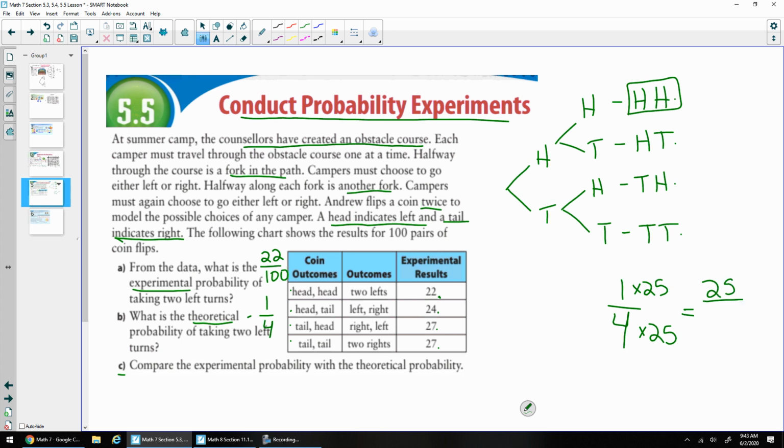Now that they both have a denominator of 100, we can compare them, and we can see the theoretical probability is greater.